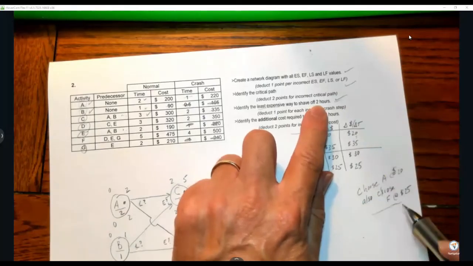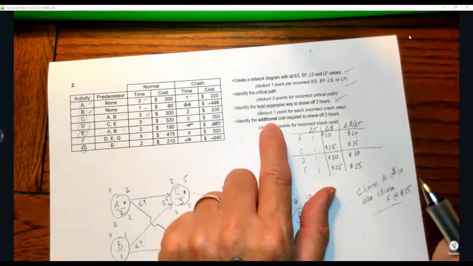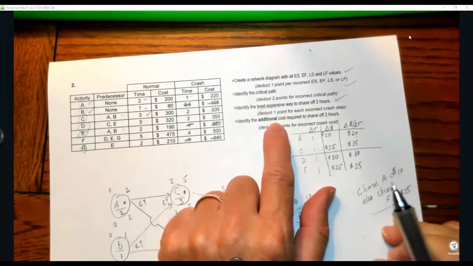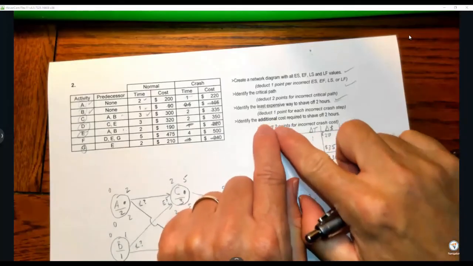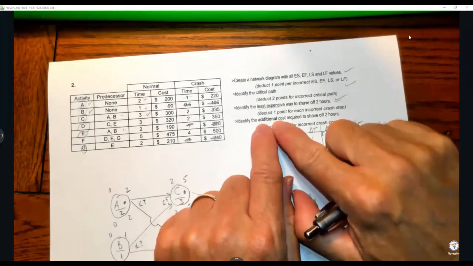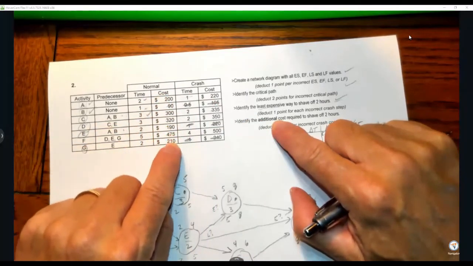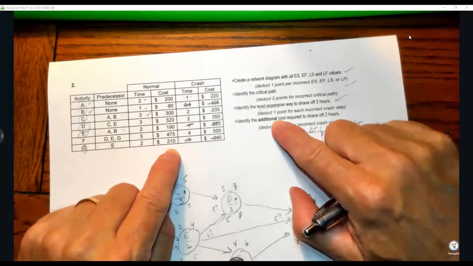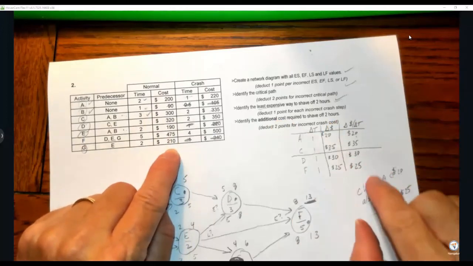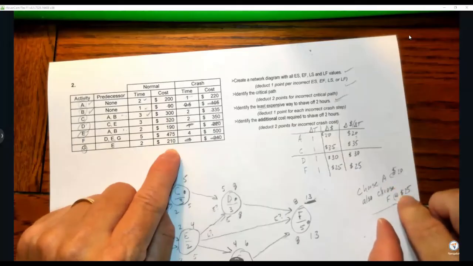That's that answer. Then it says, identify the additional cost. If I would have said total cost, how much is it going to cost me totally, you would have to add up all of your normal costs, all these numbers, and then add in the $45.